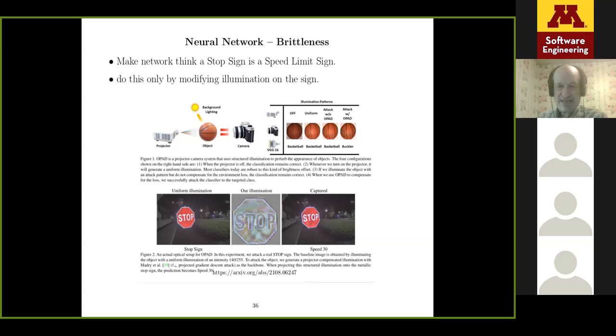So you can imagine that this kind of misclassification would be a serious problem in a self-driving car.